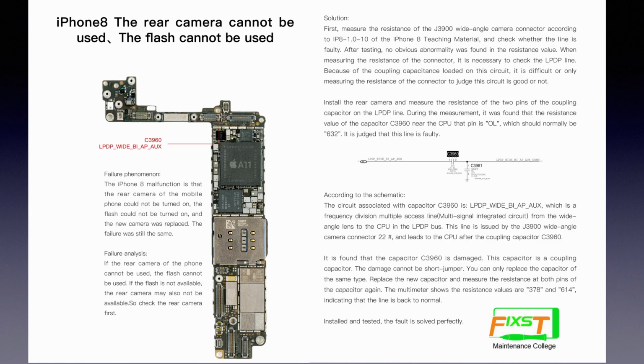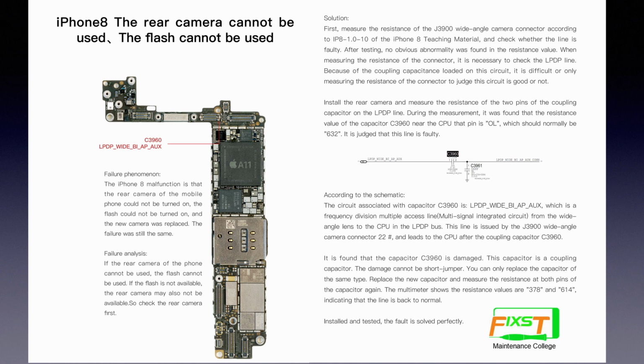First, we test the resistance of the J3900, the back camera connector, to check whether the line is failed or not. But after the testing, all the resistance is normal. When testing the resistance of the connector, it is necessary to test the LPDP line, because the coupling capacitor lands on this circuit.